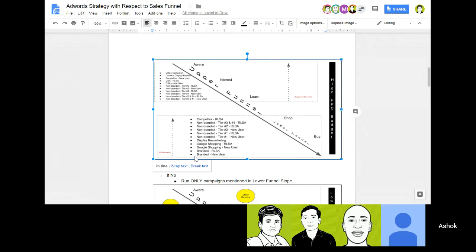Look at that from the bottom. Also take note of this arrow. This says ROI descending. When it goes right over here, that means ROI is decreasing.